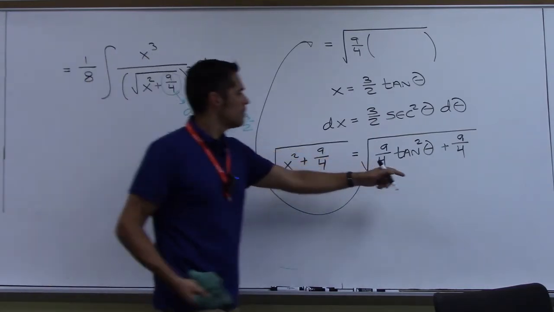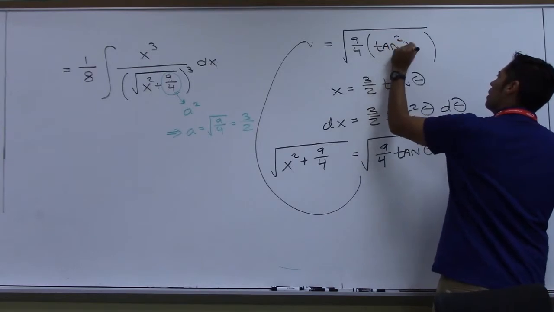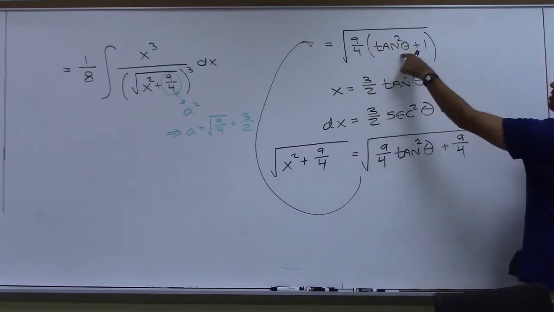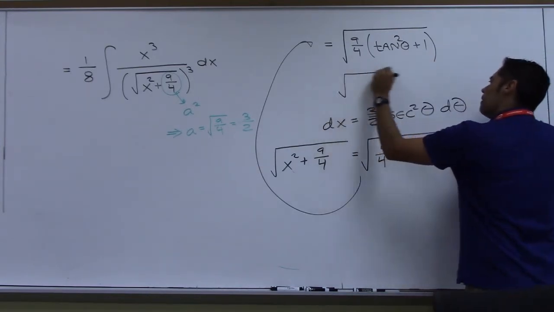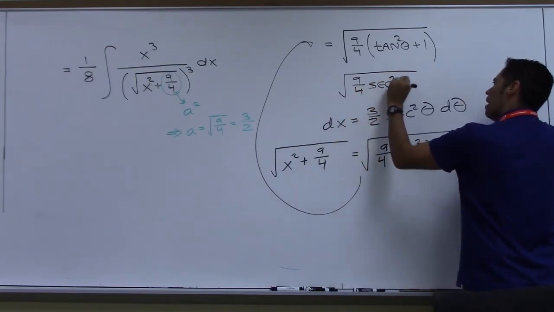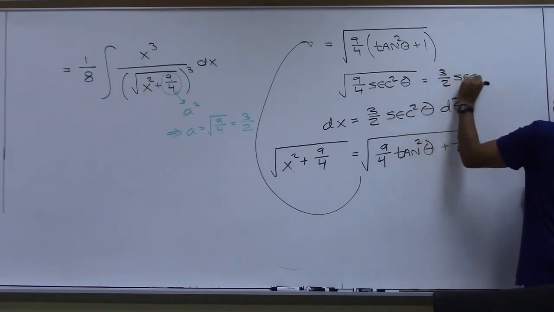Should be tan squared theta plus 1, which turns into what? So factoring out the 9/4, we get tan squared theta plus 1. That turns into secant squared theta, which turns into 3 halves secant theta. Good.